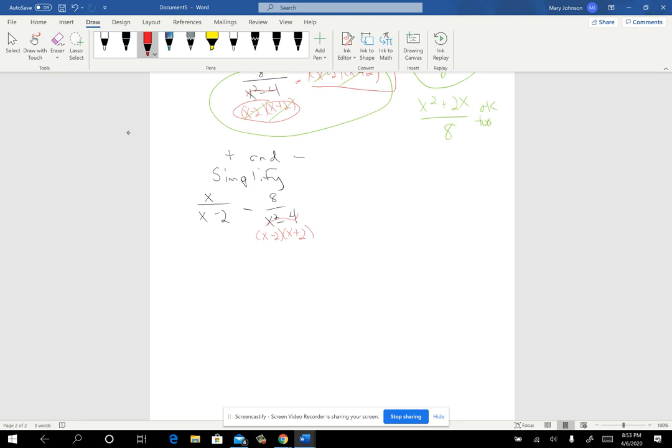And then you're going to look for the LCD, and you're going to use the LCD as the common denominator. Okay, so just like on the others, the LCD is going to be x minus 2, x plus 2, but what we do with it will be different. It's going to be the denominator that I need for each of these fractions.